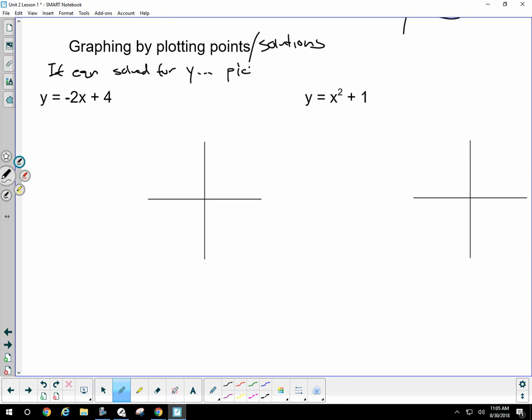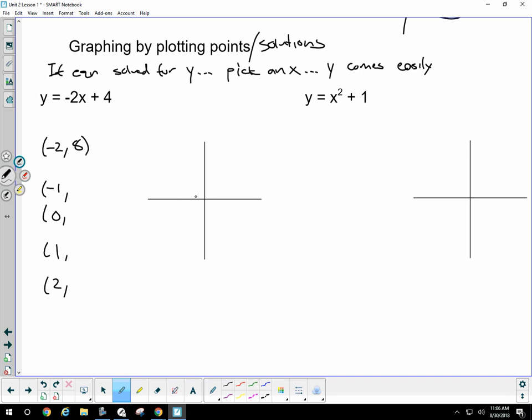Pick an x, and you'll be able to figure out what the y is easily. So I could pick x's of like -2, -1, 0, 1, and 2. And plugging in those x values, we can easily get the y. -2 plugged in for x, that turns into 4 plus 4 is 8.